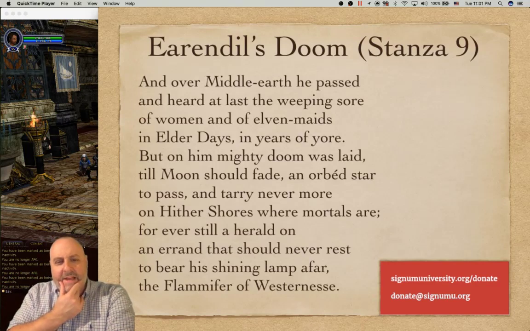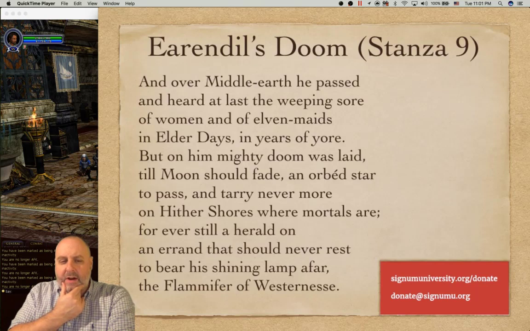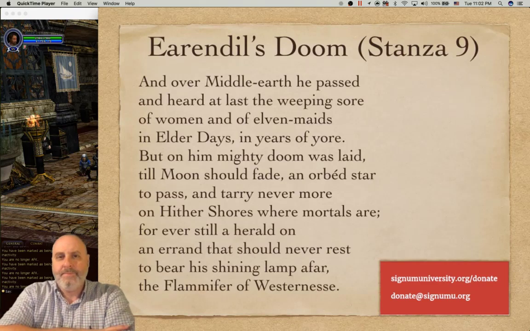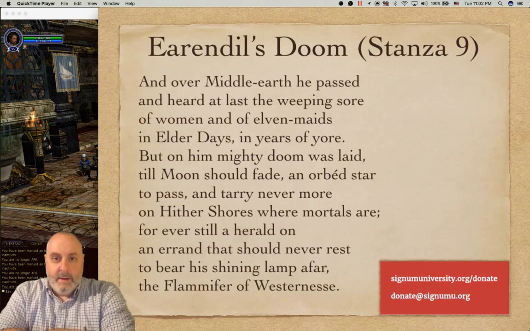Forever still an errand on, an errand that should never rest, to bear his shining lamp afar, the flammifer of Westerness. Do we get another subject and verb?